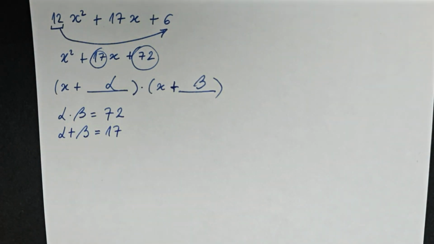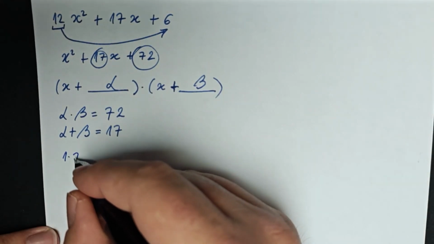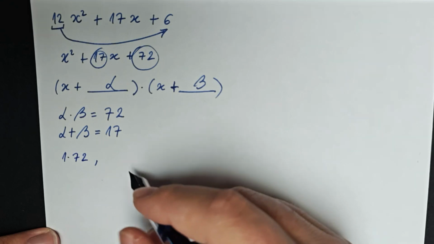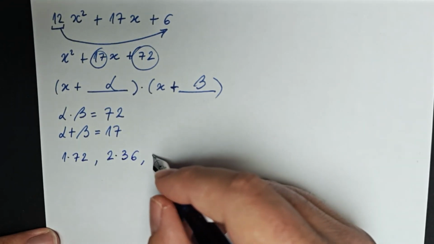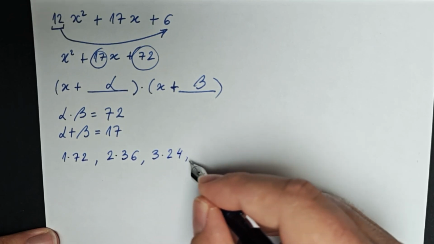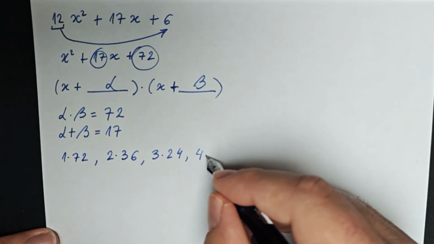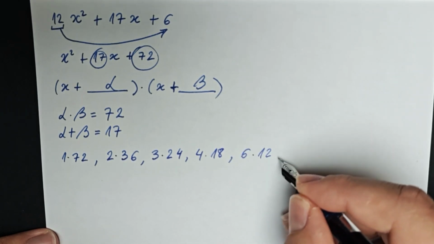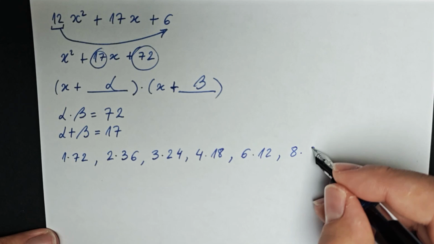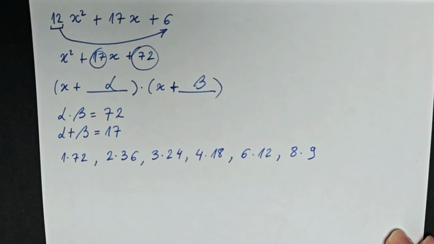What we now need is a list of numbers which multiply to 72, and those numbers are 1 multiplied by 72. The second pair is 2 multiplied by 36, then we have 3 multiplied by 24, then 4 multiplied by 18, 6 multiplied by 12, and 8 multiplied by 9.